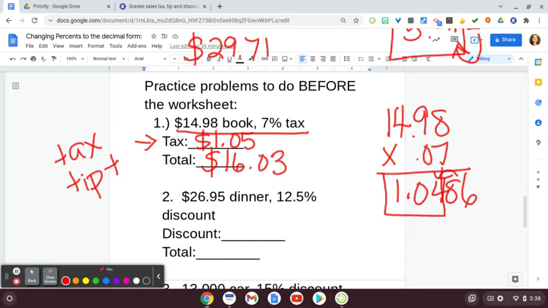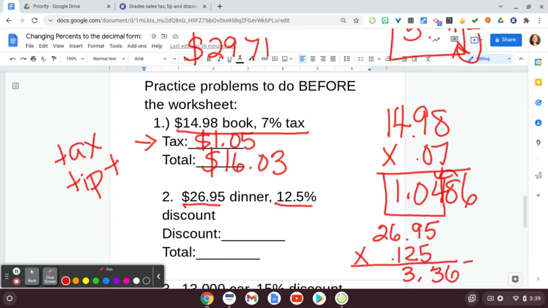Let's take a look at the next example. Your dinner is $26.95. You get a 12.5% discount. So you're going to take your $26.95, change your 12.5% to its decimal equivalent, which is 0.125. So when I put that into the calculator, $26.95 times 0.125, you get 3.3687, and so on.